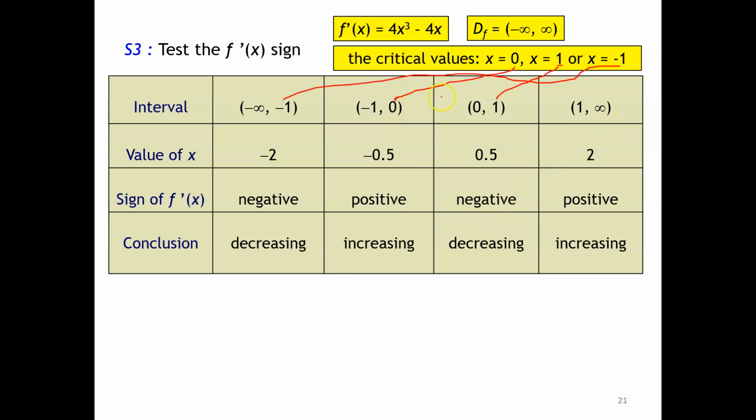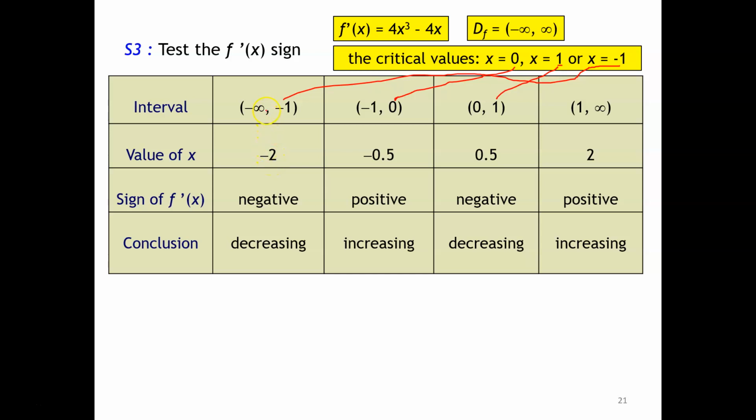Okay, listen carefully. Now you already obtained your 4 intervals. You need to find a value of x. For example, over here, you can choose any value as long as the value of x is within this interval. For example, I chose -2.